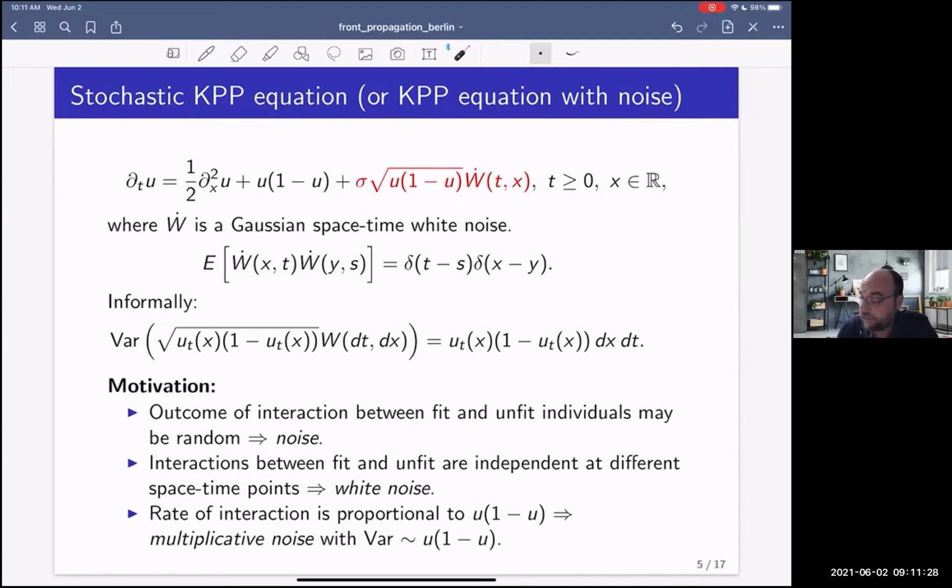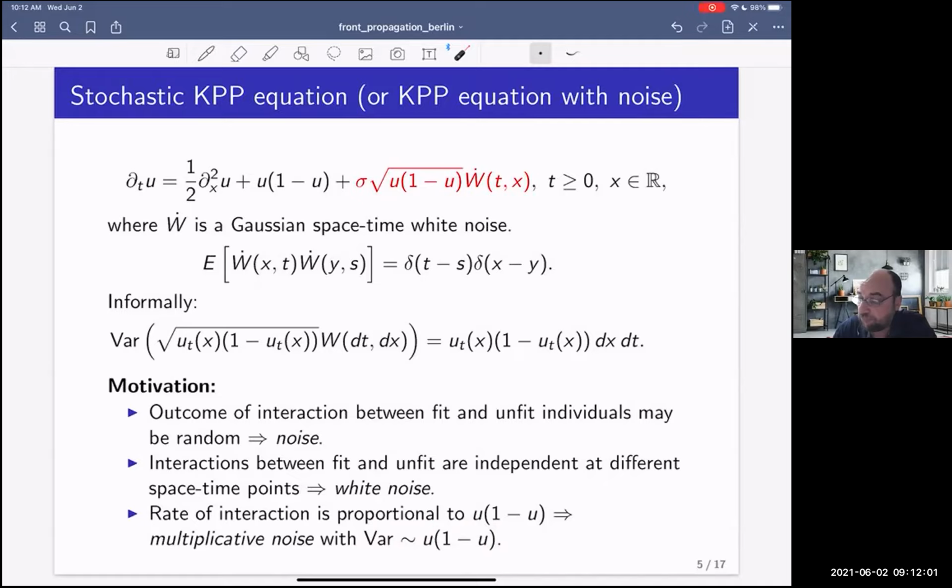And the rate of interaction is proportional to u times 1 minus u, which gives rise to this multiplicative noise, and the variance should be proportional to u times 1 minus u. If the variance is proportional to u times 1 minus u, then in front of the noise you need the square root of u times 1 minus u. This is the reason why the square root in many cases appears in this type of equations.